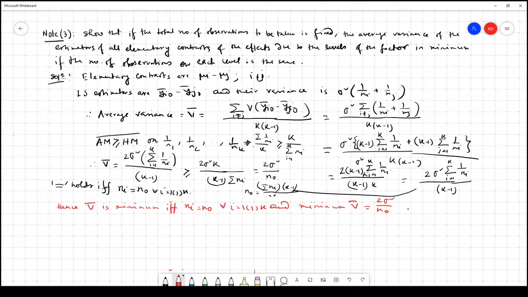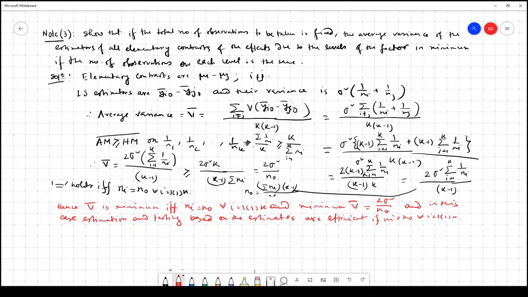And in this case estimation and testing based on the estimates are efficient if ni equal to n naught for all i.